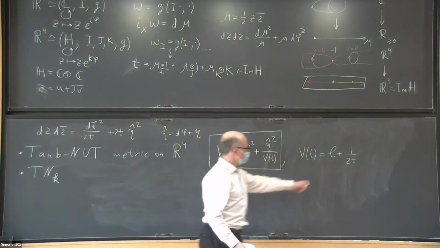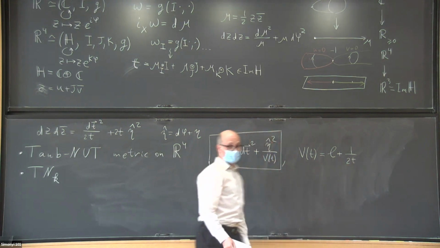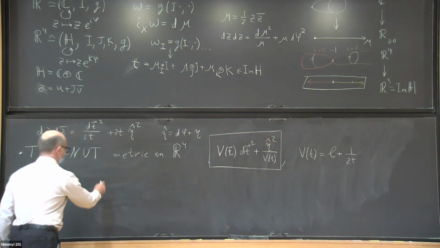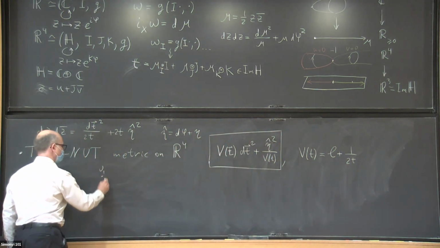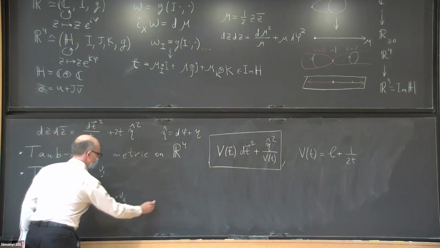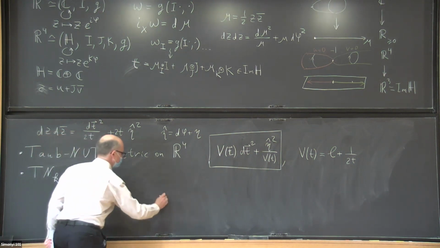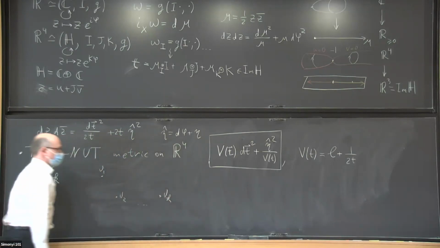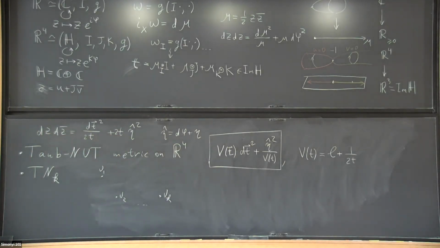Except now, instead of something interesting happening at the origin, you pick K points. Let's call them U1, U2, U3 in R3.